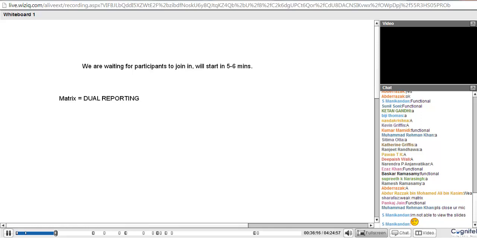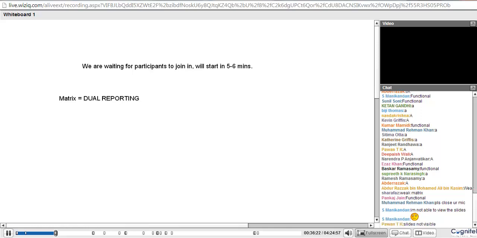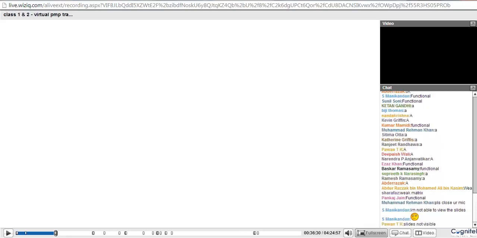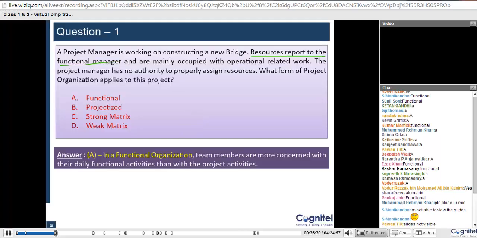Be it weak matrix, balanced matrix, or strong matrix, there will always be an element of dual reporting, which means the resources would be reporting to the functional manager as well as the project manager. But the question clearly says resources report to the functional manager, which itself means that this is a functional organization. I don't even need to read anything else in the question.